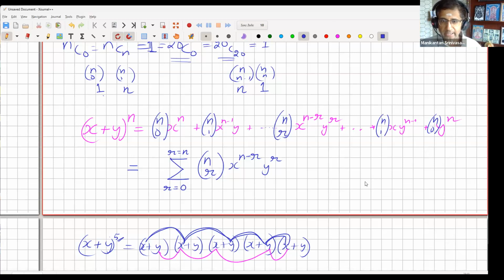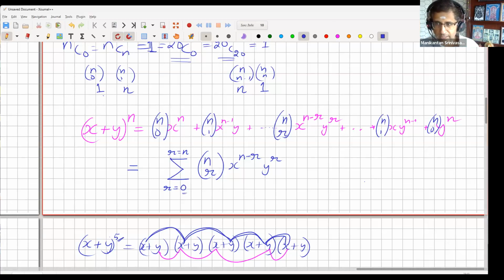And if r equals n, so there are clearly n plus 1 terms in this. If you see, (x + y) squared had 3 terms. (x + y) cubed had 4 terms. (x + y) to the power 5 had 6 terms. So (x + y)^n will have n plus 1 terms. And sure enough, r goes from 0 to n, counting both 0 and n, that's n plus 1 terms.